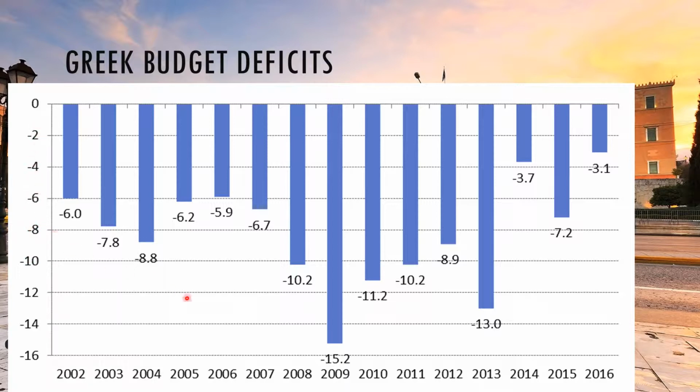If the Greek economy is 200 billion in size, a deficit of 10% means that government spending was 20 billion euros higher than tax revenues in that particular year. We can see there's been an accumulation of budget deficits over quite a number of years, and one of the current Greek government targets is, in the next couple of years, to reach a surplus.